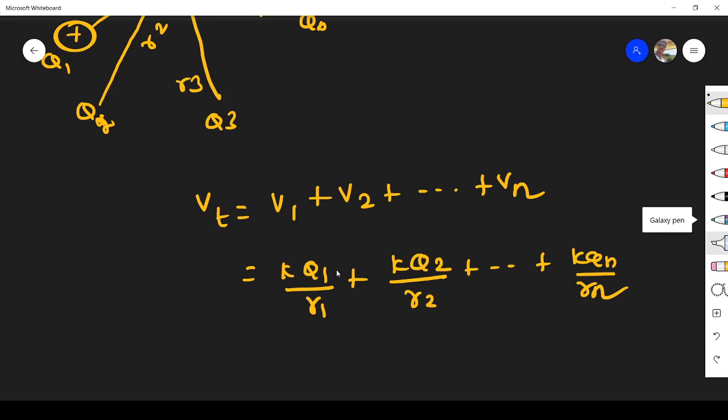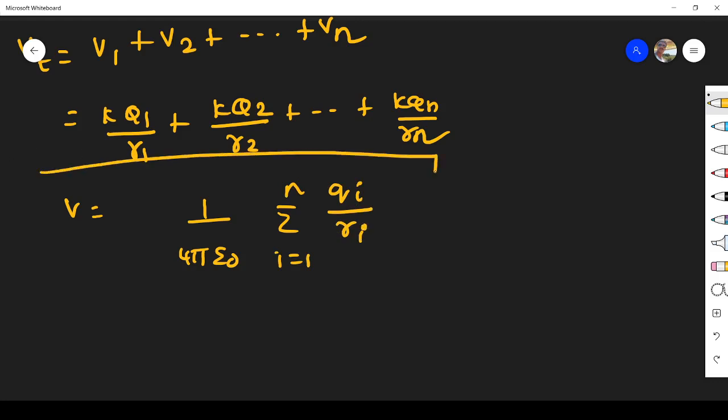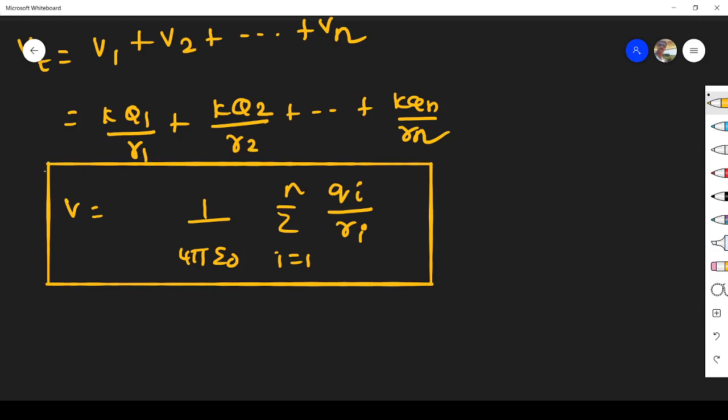This implies I can take K outside. So V is equal to K times the summation, where K is nothing but 1 by 4 pi epsilon naught, and the summation is over i from 1 to n of Qi divided by Ri. Right, so this is the potential due to a system of charges.